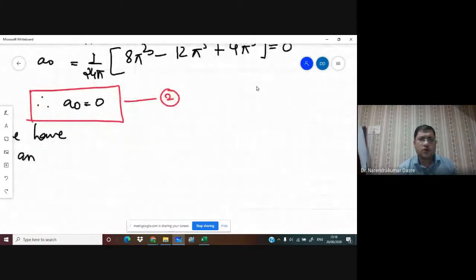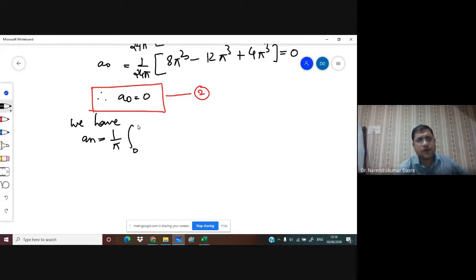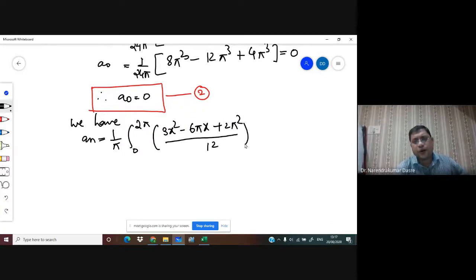Now we'll try to find out the value of an. So an is 1 upon pi integral 0 to 2 pi (3x square minus 6 pi x plus 2 pi square) by 12 into cos of nx dx.